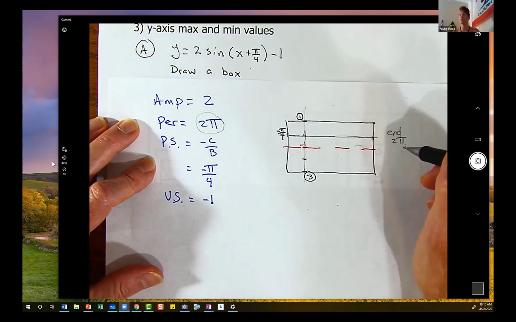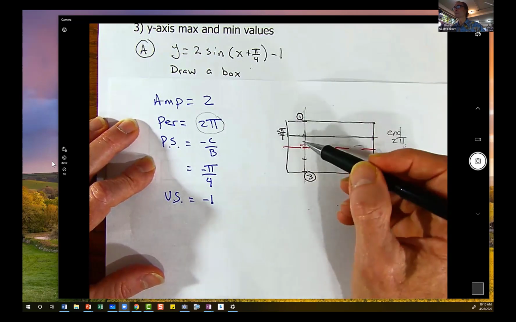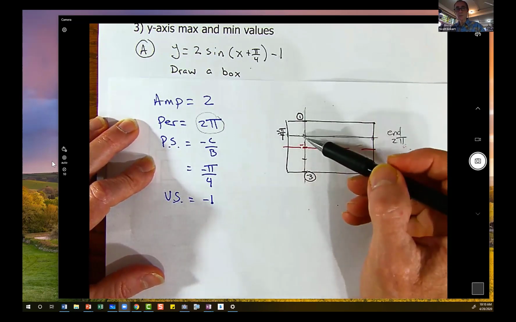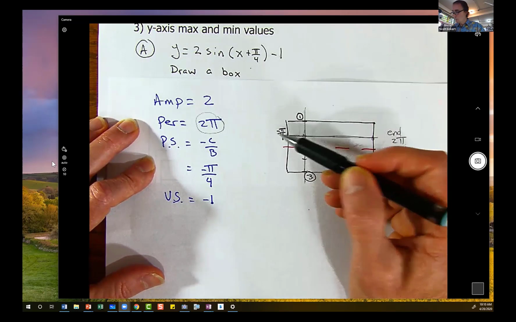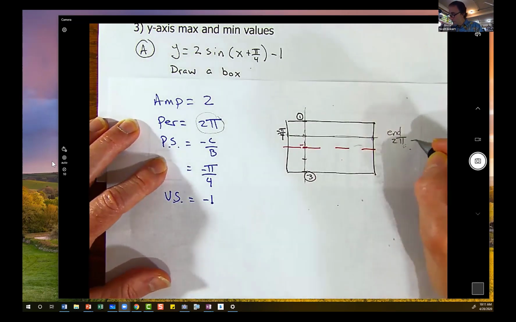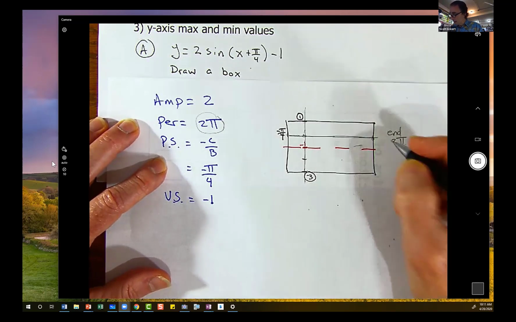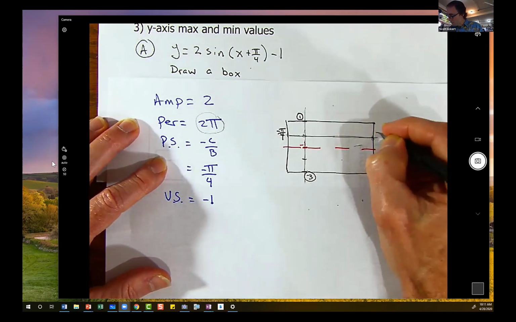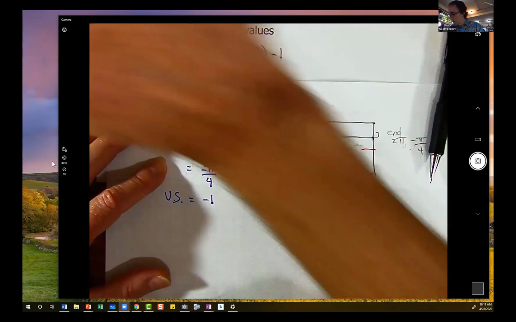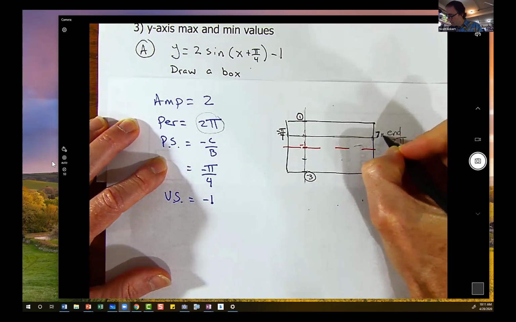Because it starts at negative pi fourths. Exactly. If we shift the front backwards, we're going to have to shift the end backwards. So we're going to have to subtract pi fourths to really find the end. And as I recall, everybody had it correctly. Shift the end back.